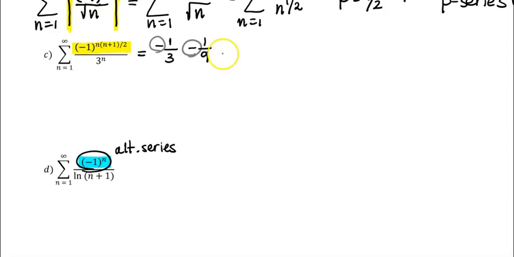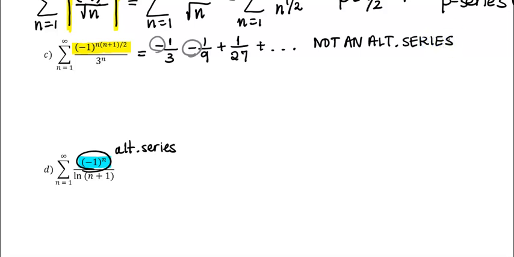If I were to evaluate the series at n equal to 3, I would get a positive 1/27. And I'll just put plus dot dot dot, but I can conclude that this is not an alternating series because it does not go positive, negative, positive, negative. So I cannot use the alternating series test.